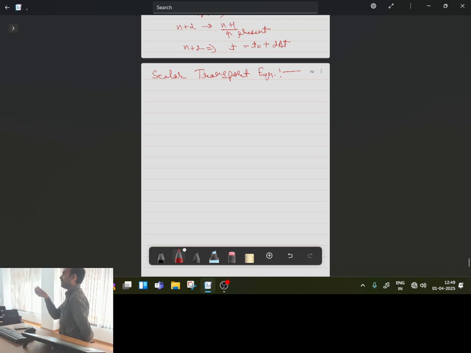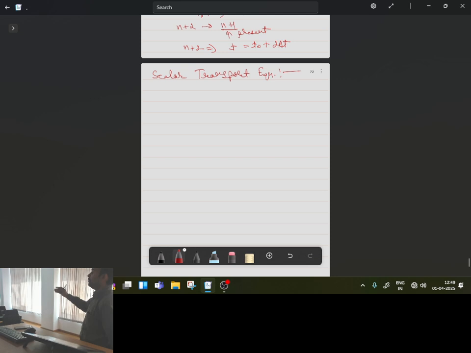The meaning is, I have a scalar quantity. How that scalar quantity is propagating in any given flow situation, if we have to understand that, we can solve the scalar transport equation.